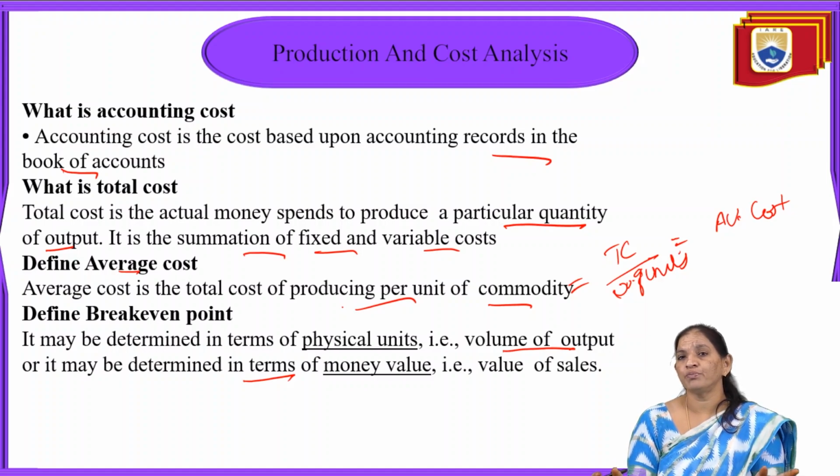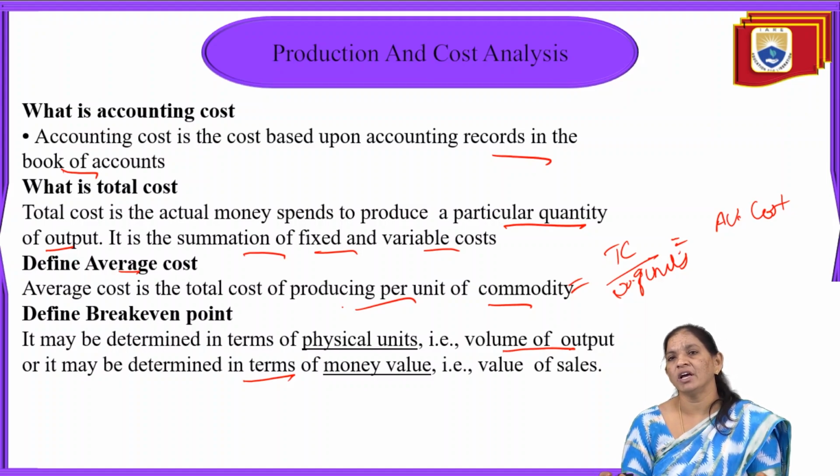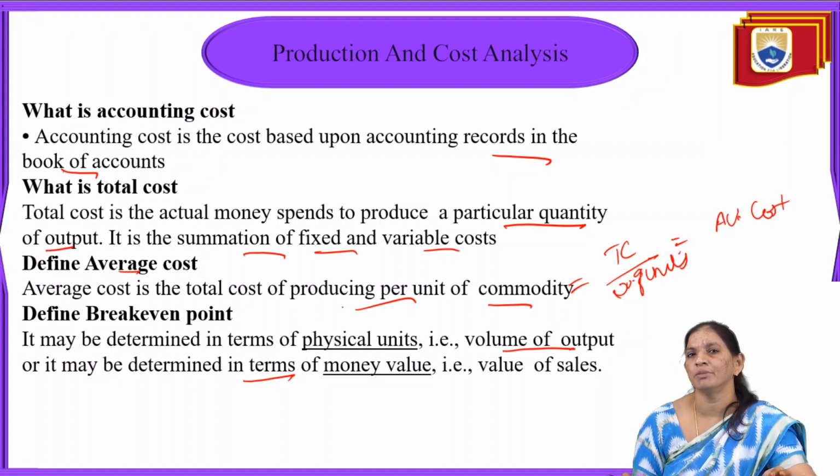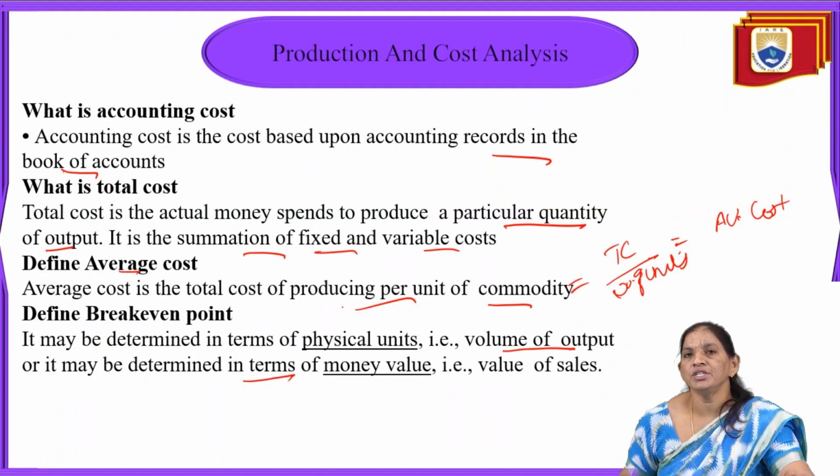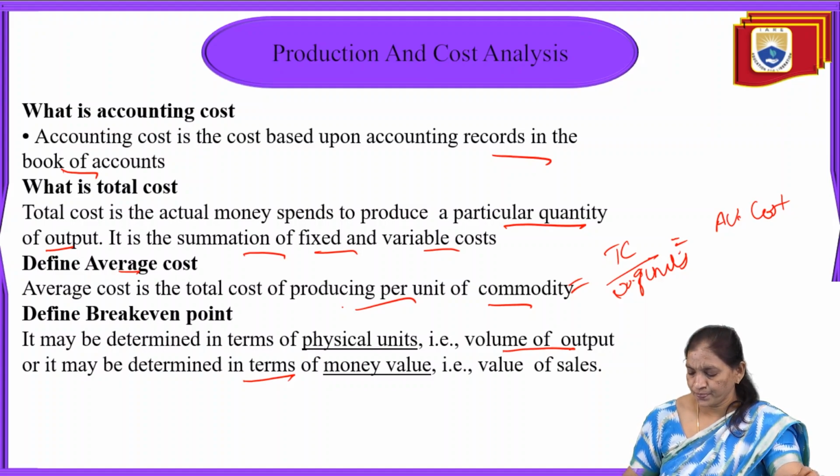So the point where there is no profit and no loss, meaning attainment of the original investment in the organization, we call BEP point. So these are some of the definitions and terminologies we get across cost and production analysis.